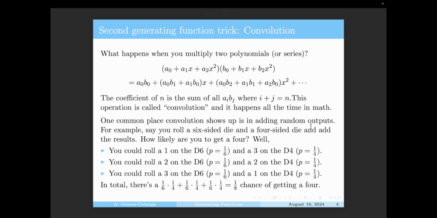All in all, what you're going to get is 1/6 times 1/4 that this first thing happens, plus 1/6 times 1/4 that this second thing happens, plus 1/6 times 1/4 that this third thing happens. And that's going to give you 1/8 in total, and that is your chance of getting a 4.